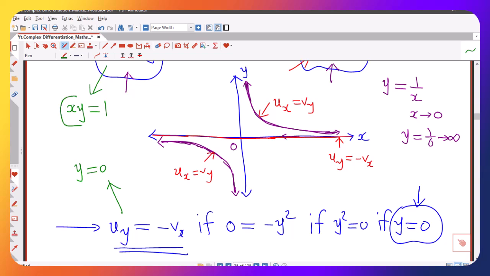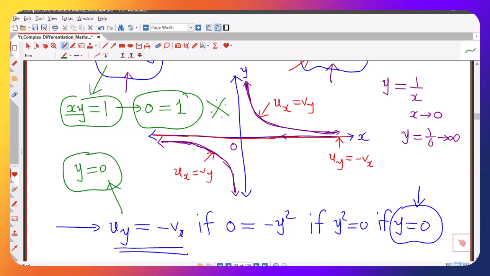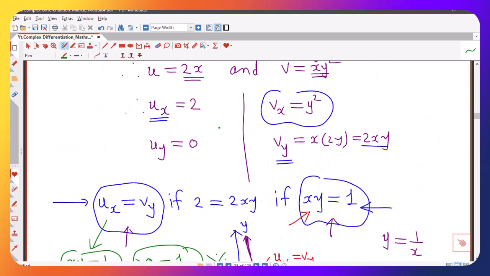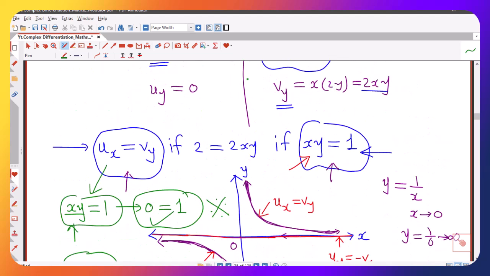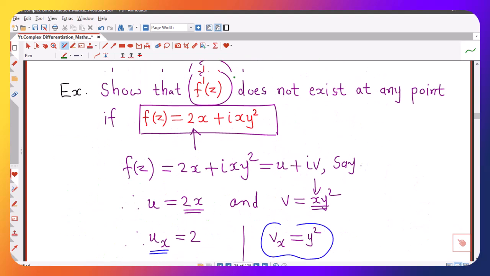Now if I put y equal to 0 in this equation, then the left hand side will be 0 and I will get 0 equal to 1, and that is not possible. So from this also we can say that these two equations are not satisfied at any point. If I put y equal to 0, then this equation is not satisfied. So from this also you can decide that there is no common point at which both equations are satisfied.